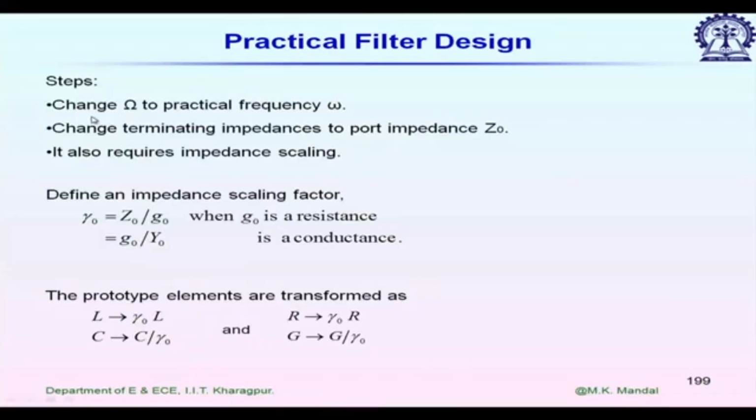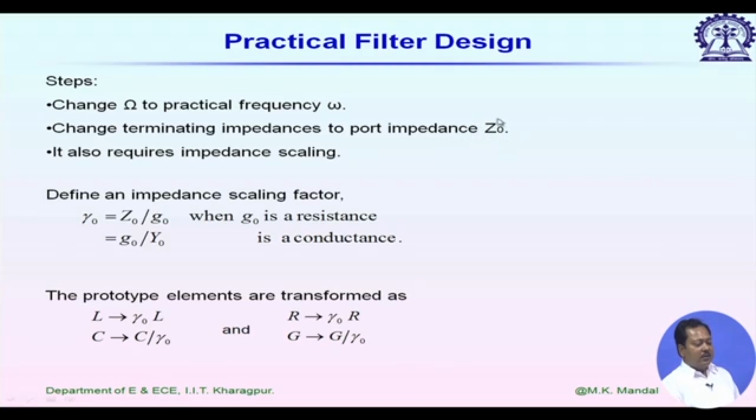Next, we have used omega c equal to 1, which is again a normalized value. So, we have to use one transformation for our required fc. In the example I was showing, fc equal to 100 megahertz. So, the practical steps: you first change capital omega to the practical frequency small omega, then change the terminating impedance to the port impedance z naught.